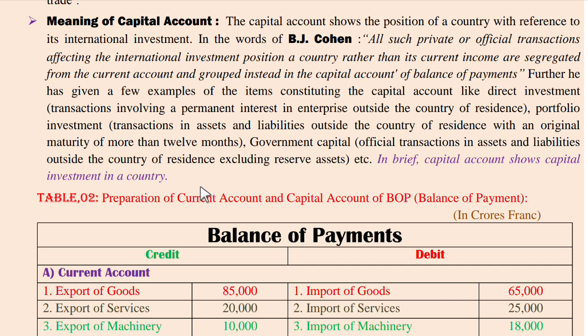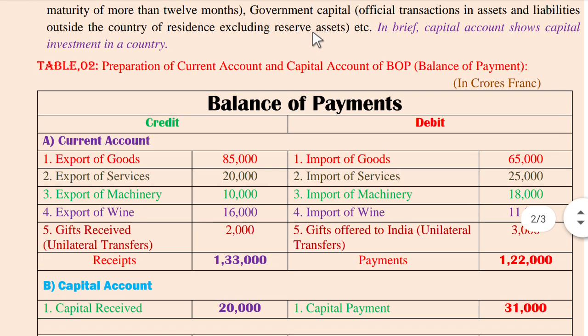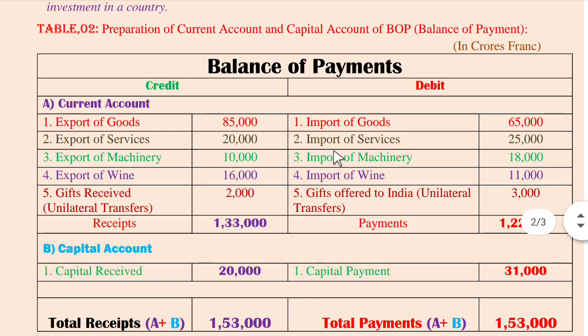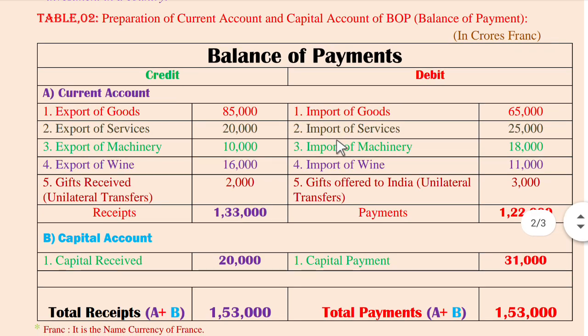So friends, after discussing the theoretical part, now we will come to the next important aspect. Here, table number 2 depicts the preparation of current account and capital account of balance of payments.